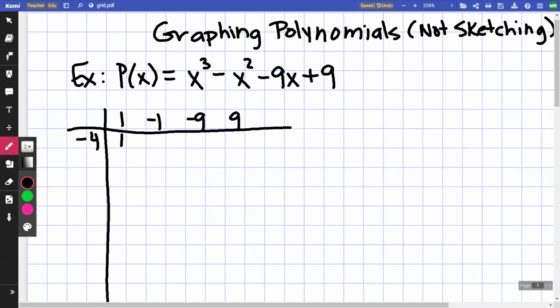Then I'm taking this 1 and multiplying it with -4. I get a -4, so I'm going to get a -5. I'm multiplying -5 times -4, I get a 20. I add it here, I get 11. I have 11 times a -4, that's a -44. I add it and I get a -35.